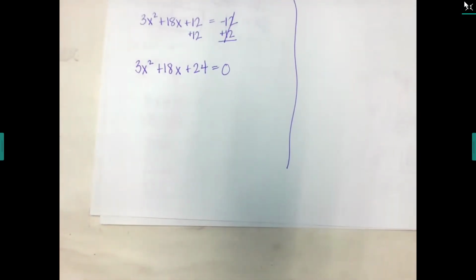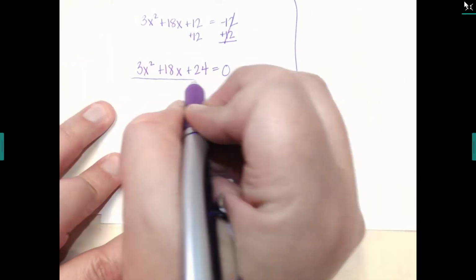Okay, you should know how to solve that. You're going to have to solve it by AC chart. If it's got an x squared and an x and a number, that's an ABC. Now, is there a GCF that we could take out that would make our numbers smaller? Yes.